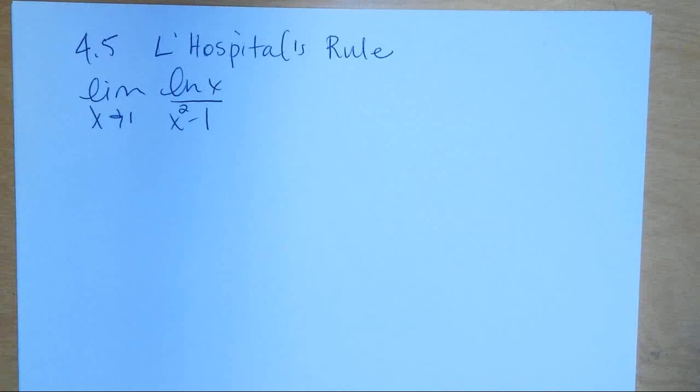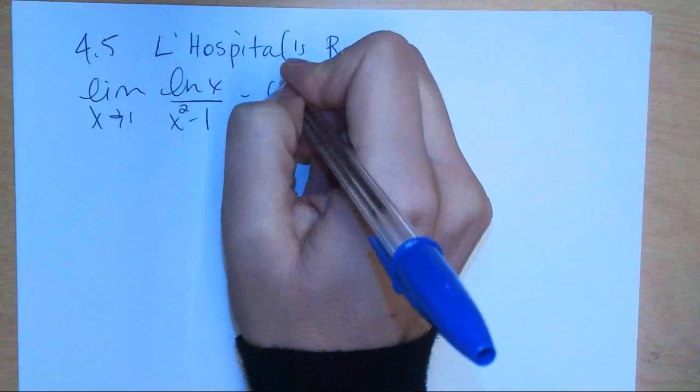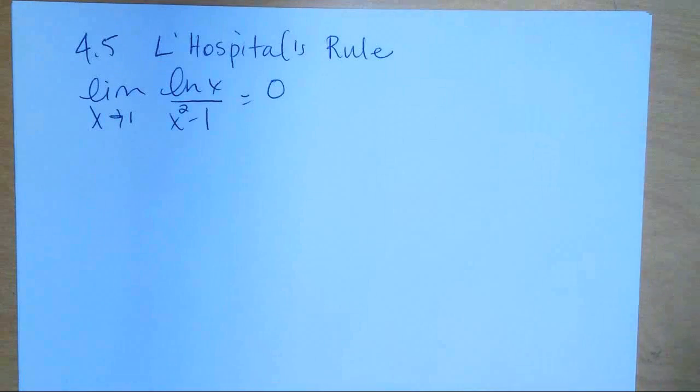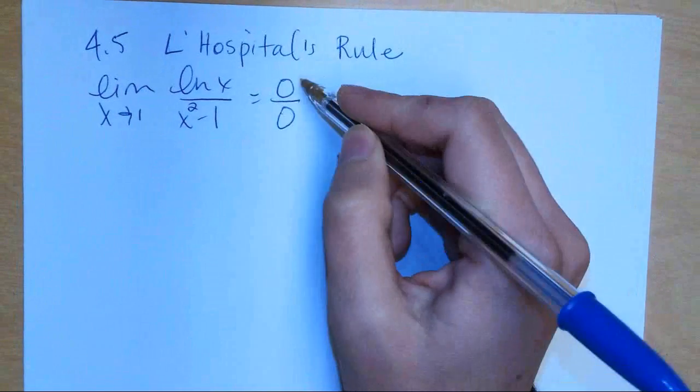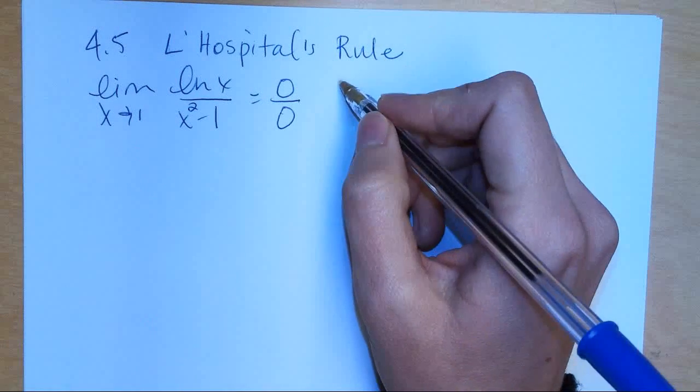Okay, what is it? What is this when you plug in a 1? What's the ln of 1? 0. What's x squared minus 1? 0. Okay, this form, I don't know if we did name it.